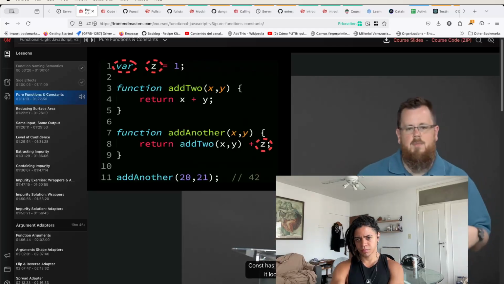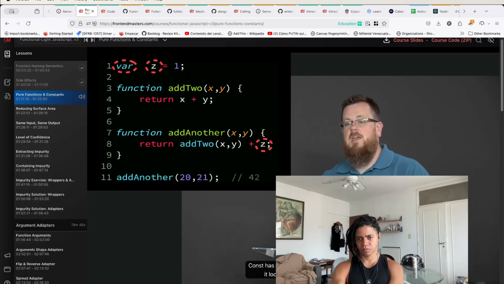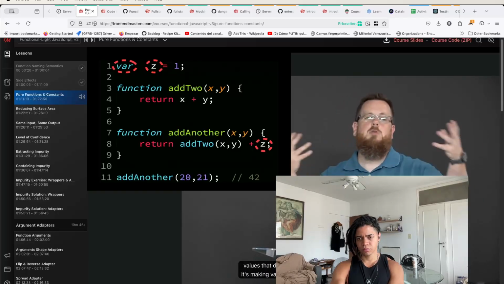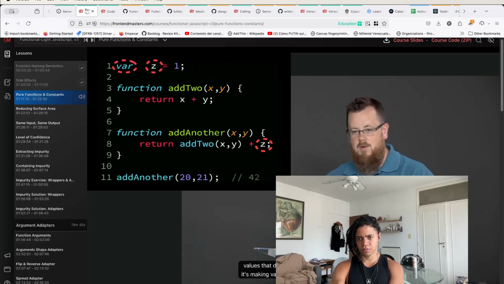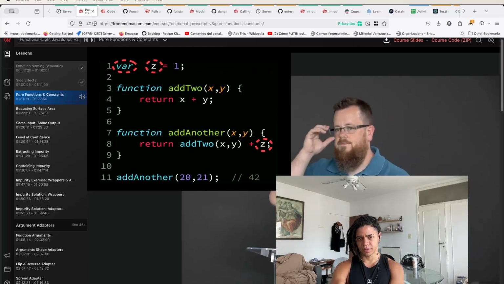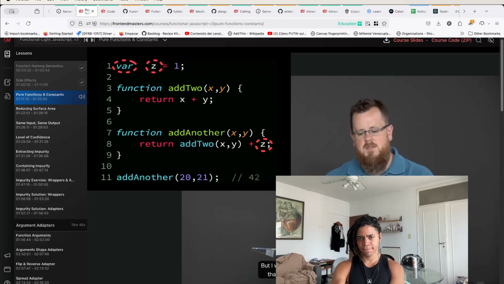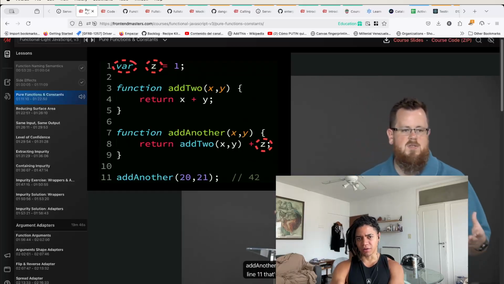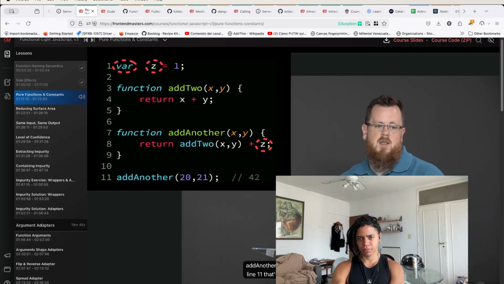Const has some problems because it looks like it's making values that don't change when actually it's making variables that don't get reassigned. We're going to come back to that. But I would submit to you that in this program, Z still serves that role. When it's called on line 11, that's still a pure function.